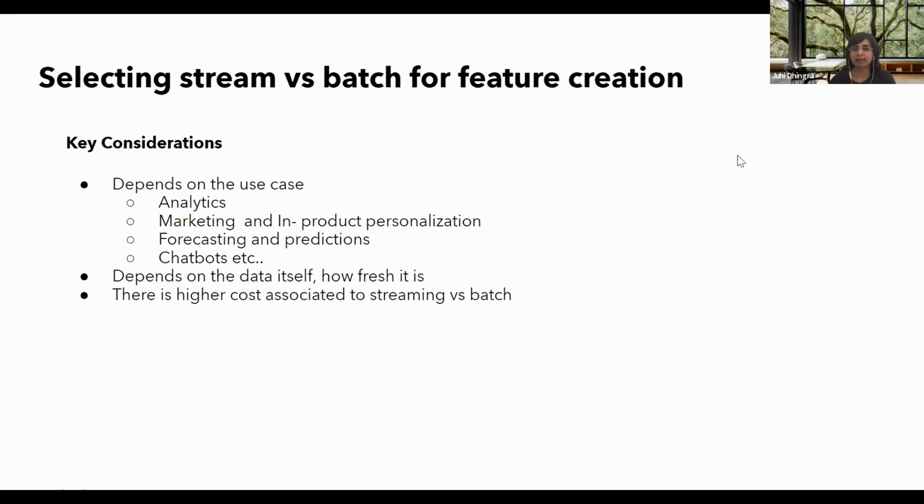And for the data that is coming in hourly manner or in monthly manner, we ask people to use batch processing. Stream processing also does have a higher cost associated to it because of the infrastructure, and it's always running. So we ask users to take decisions considering all of these factors.